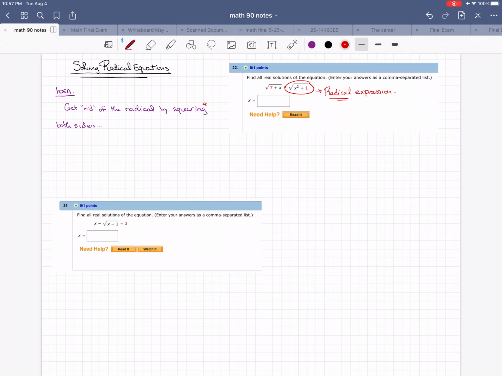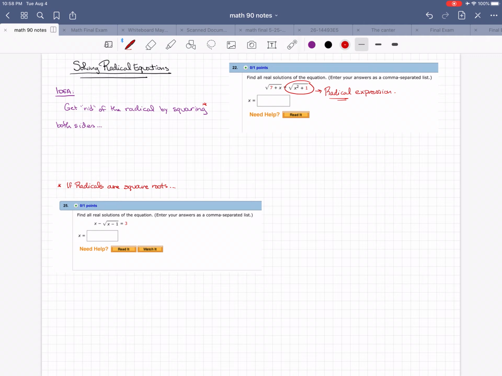So the first thing I want to do is put a little asterisk above the word squaring, and I'm going to make a little footnote here. We're going to be squaring both sides if radicals are square roots. We don't encounter a ton of these equations, but I want to point out all the same that you could have radical equations that have cube roots in them or fifth roots in them or really any radical at all.